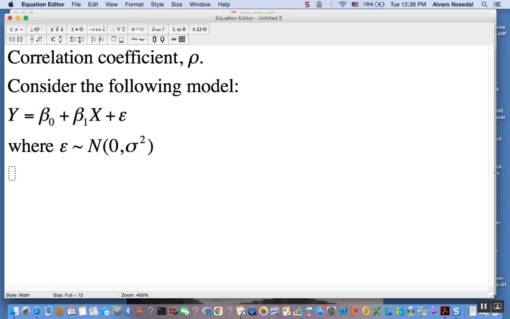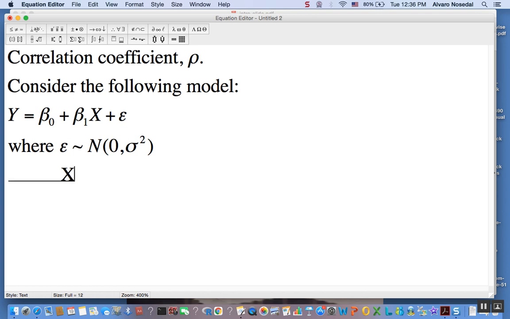And this assumption that we're going to make here is slightly different from the one we have made for the classic simple linear regression model, right?